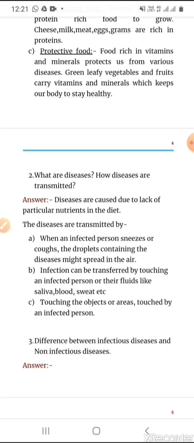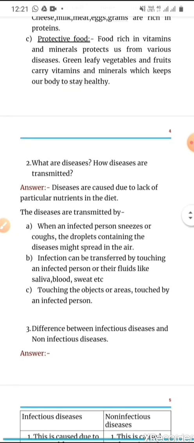Means we don't have to touch the fluids of the infected person. Third is touching the objects or area touched by an infected person. Means we don't have to touch the objects which the infected person is using.